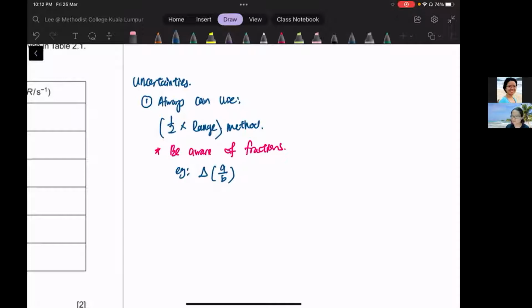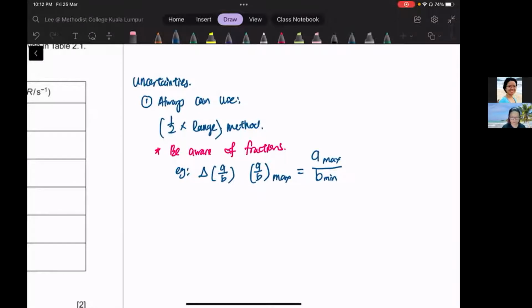I'm not sure what ratio it is, but whatever ratio A over B can be, you have a table of values for A and a table of values for B. So the A over B maximum is to take the largest value of A, A max, divided by the smallest value of B. So you take a large number divided by a small number to get the largest possible number.